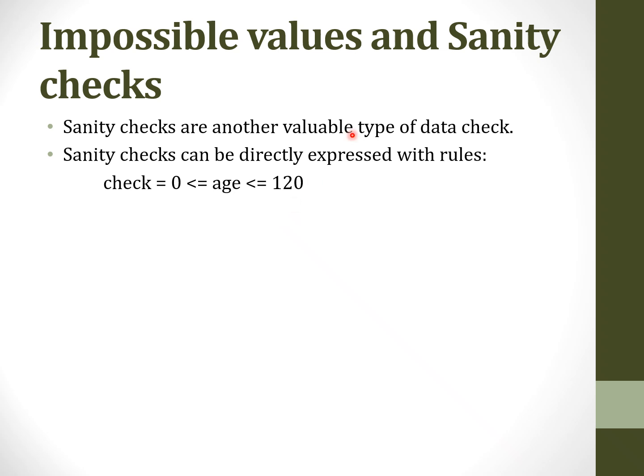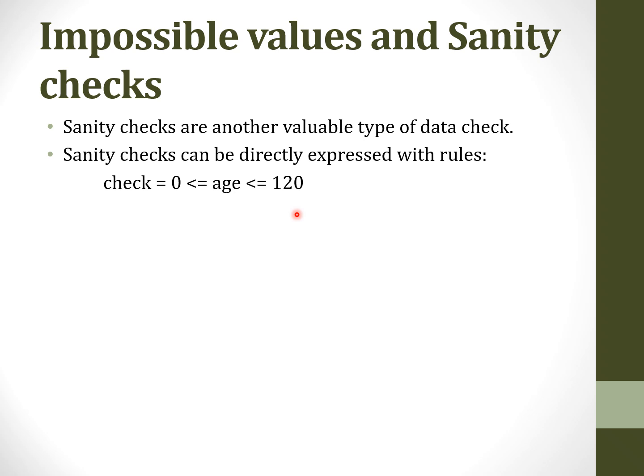So we can also have sanity checks. Sanity checks is a type of data check. In a sanity check, we can set a rule like this. For example, if we set a rule like 0 <= age <= 120, which means the age has to lie within this range between 0 and 120.